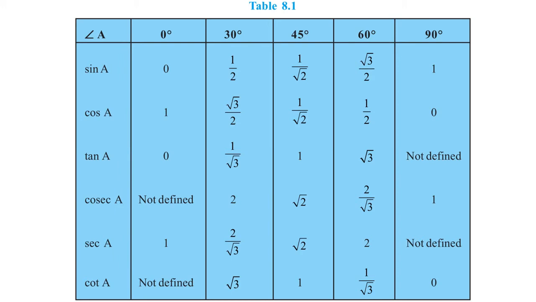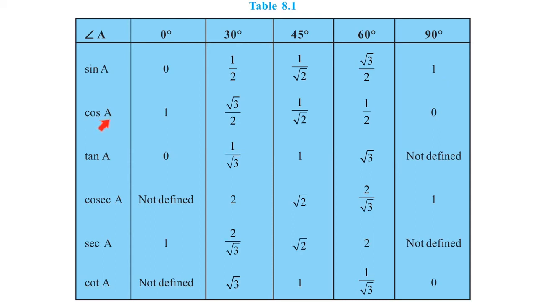So here is the summary of all the angles for the trigonometric ratios. Sine 0 is 0, sine 30 is half, sine 45 is 1 over root 2, sine 60 is root 3 over 2, sine 90 is 1.